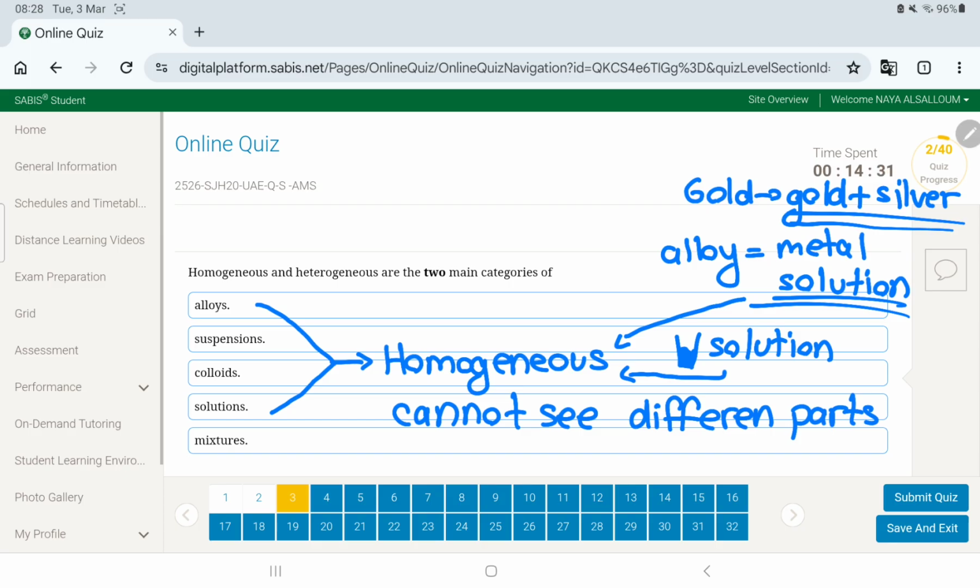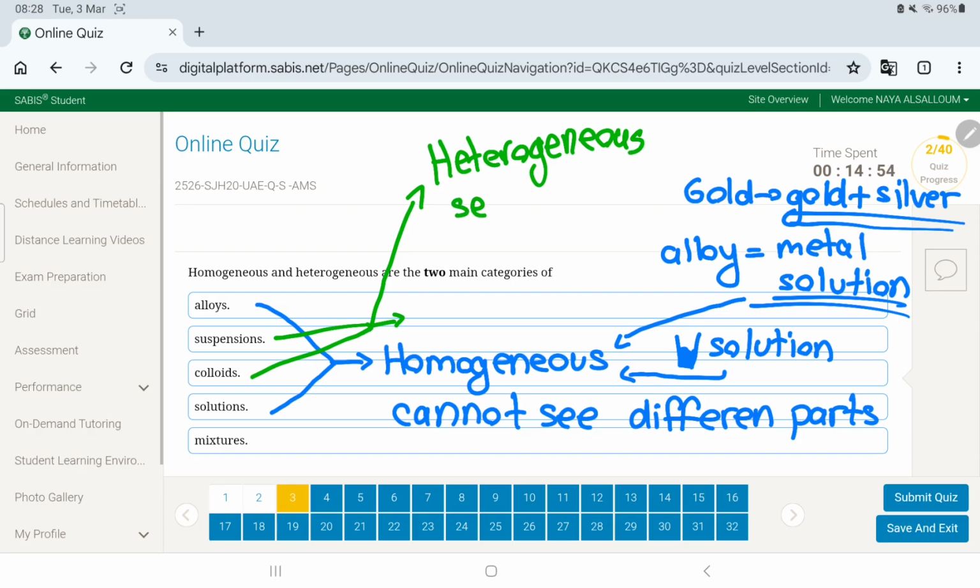Now, heterogeneous are a bit different. We have suspensions and colloids. We said that they are heterogeneous. Okay? So what does it mean?